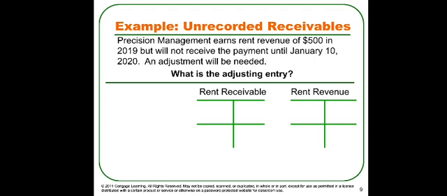This example is like this. You have a business, you rent a space to somebody. So in this example, you have rented the space in year 2019, but you will be paid only on January 10, 2020.